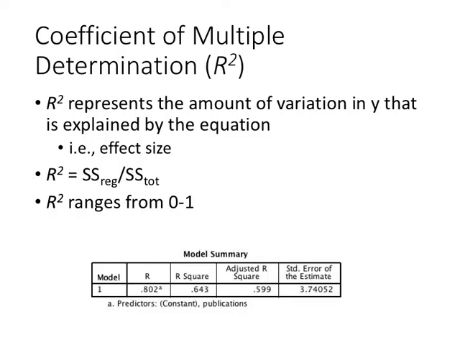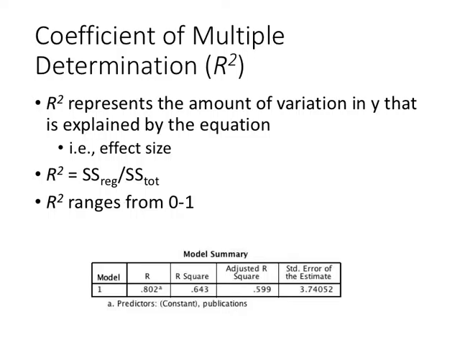I certainly would. And so R squared represents the amount of variation in Y that is explained by our analysis, by our equation, i.e. what is the effect size. And so R squared is a pretty simple calculation. It's just sums of squares regression divided by sums of squares total.